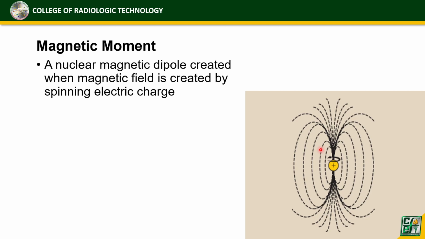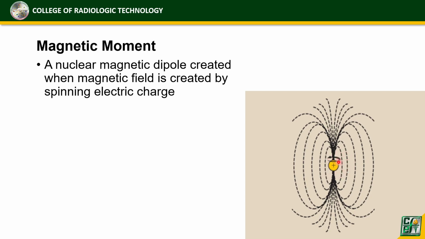So magnetic moment, a nuclear magnetic dipole created when a magnetic field is created by spinning electric charge. So in this case, proton, umiikot siya at nag-create siya ng magnetic field. Okay? Magnetic field.